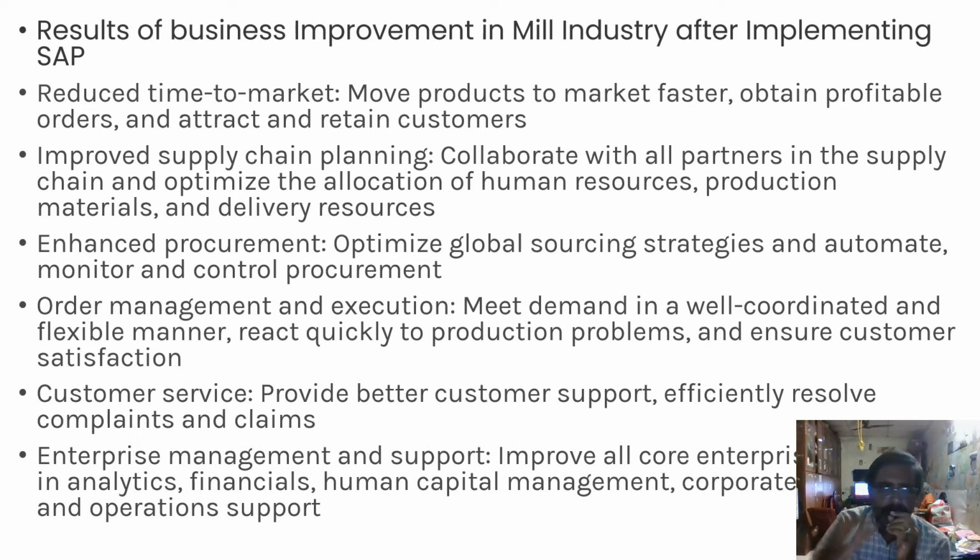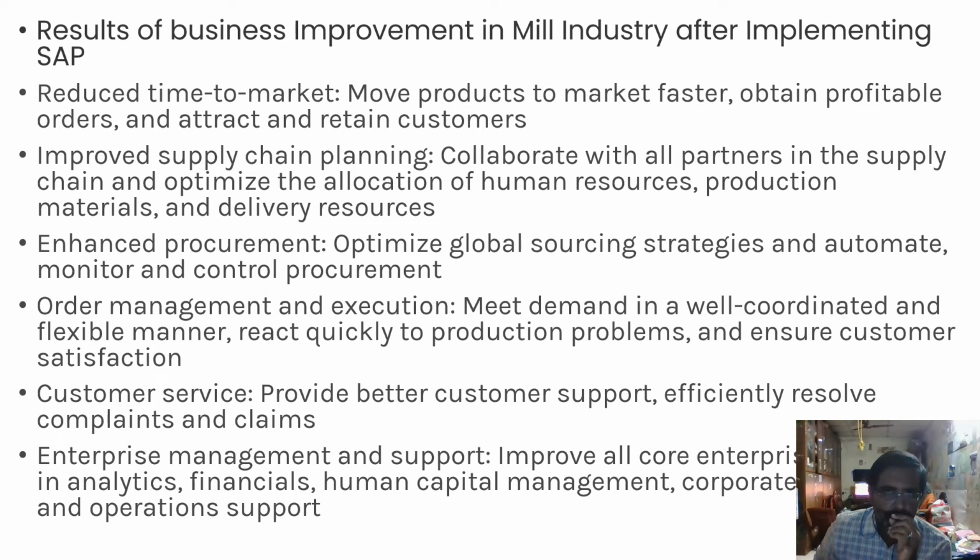We have, as already told, reduced time to market and moving products to market faster, obtaining profitable orders, and attracting and retaining customers with insight and relationships, and improved supply chain planning, collaborating with all partners in the supply chain, and optimizing the allocation of human resources, production, material, and delivery resources.